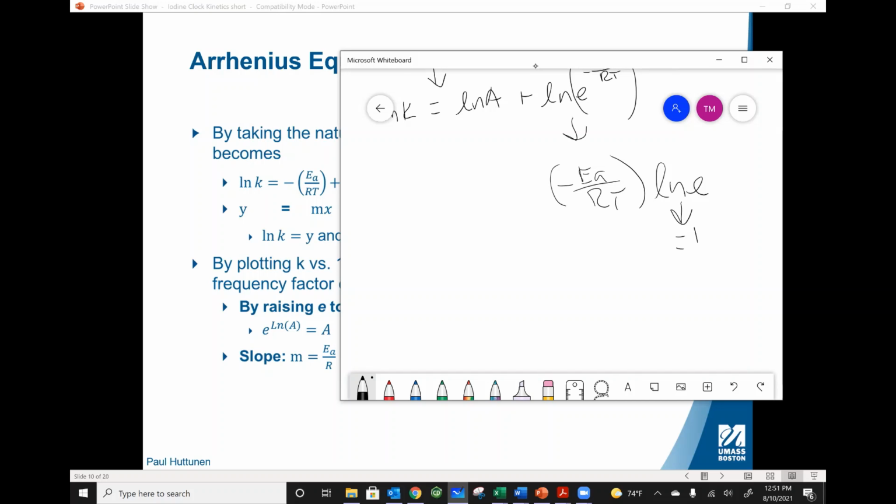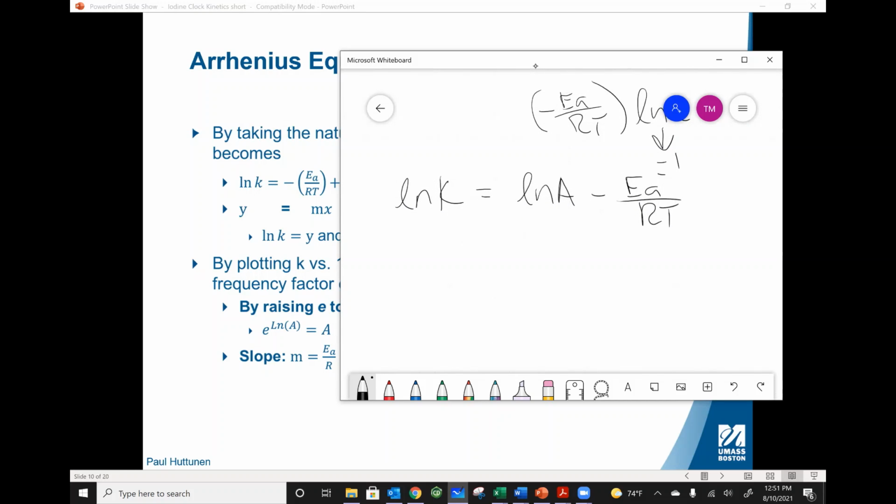So this is just ln of K equals ln of A minus Ea over RT, or we can rearrange it. So it's ln of K equals negative Ea over RT plus ln of A.